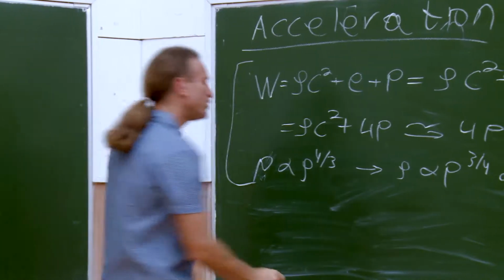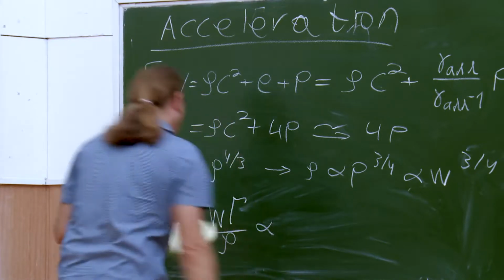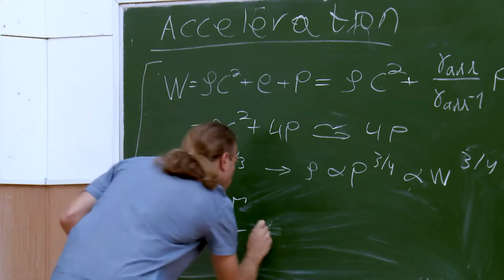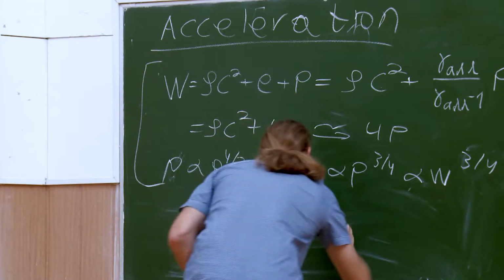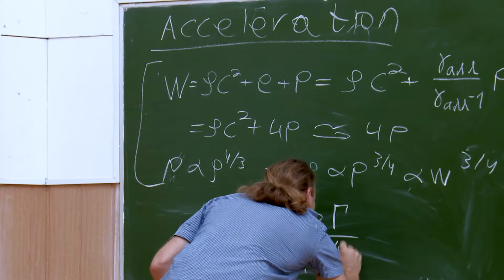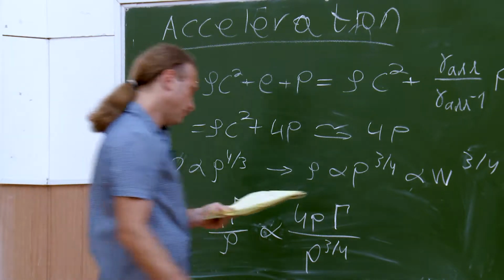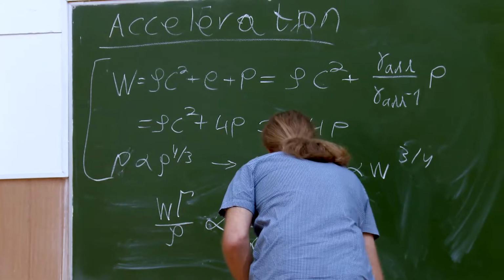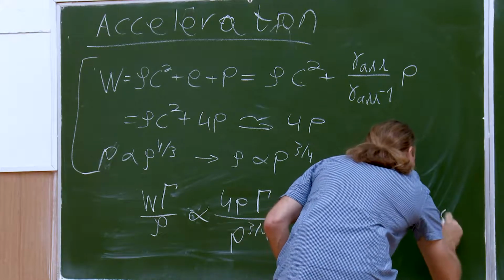Okay, so what we have is that W gamma divided by rho is equal to 4P times gamma divided by P to the power of 3/4. Okay? So this implies that this is proportional to P to the power of 1/4 times gamma, and this is equal to constant.